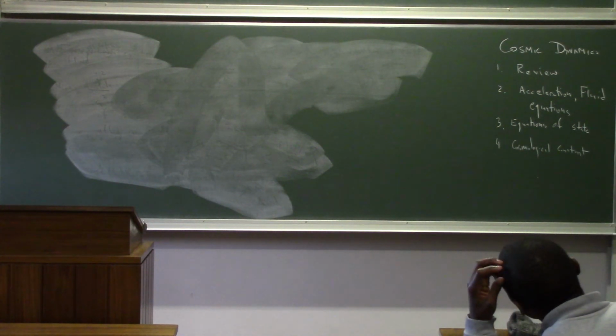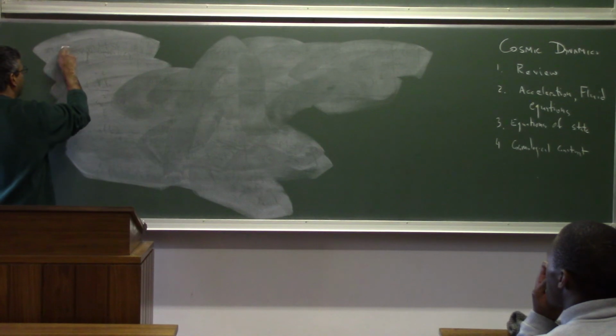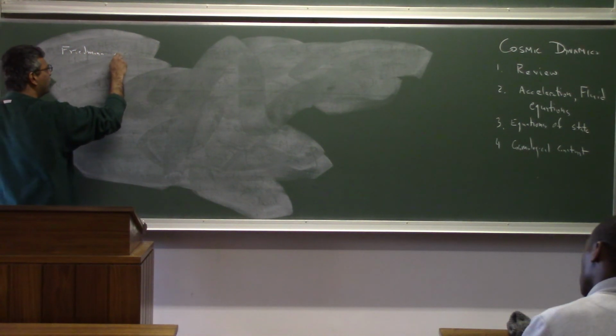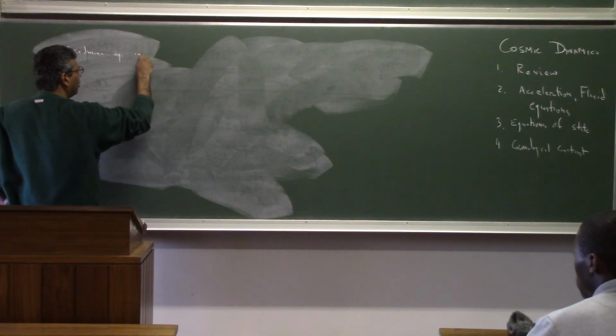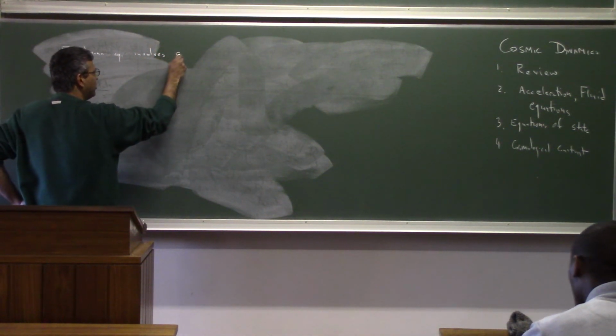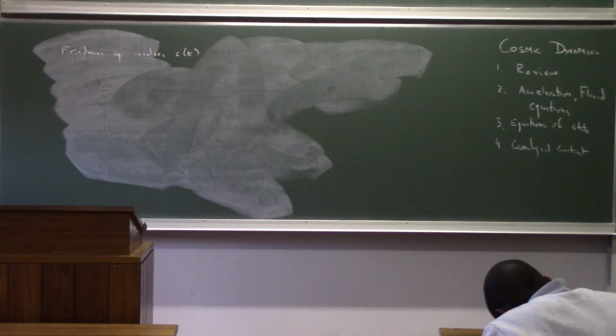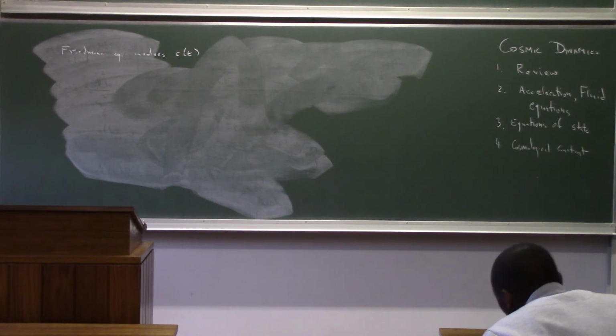Okay, so how do we interpret the Friedmann equation? The Friedmann equation involves the energy density, epsilon of t. So what do we know about energy? It's related to mass by E equals mc squared. Sure. But in physics, what do we know about energy?